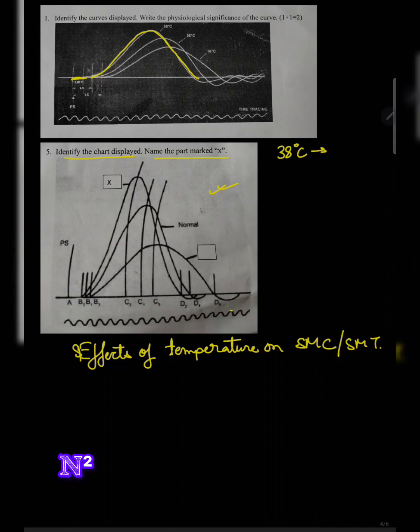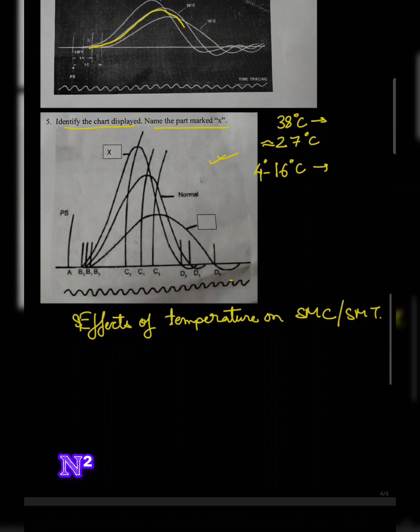But when you are taking the curve at a temperature of 16 degrees or 4 degrees Celsius, the amplitude of the curve is less, and the latent period increases. So these are the two curves, and the middle curve is a simple muscle twitch done at room temperature, around 27 degrees Celsius.